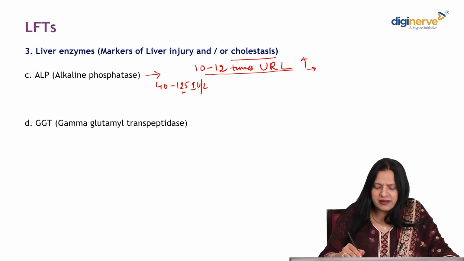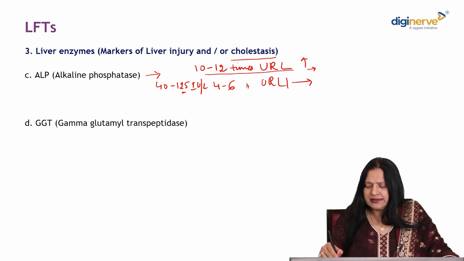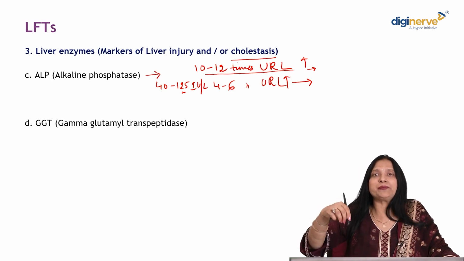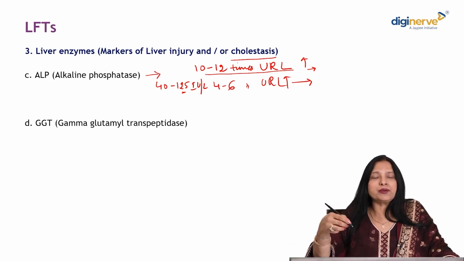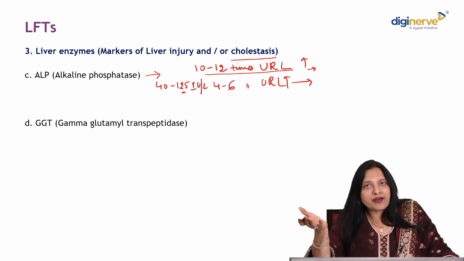And when the levels are about 4 to 6 times the upper reference limit, that indicates intrahepatic cholestasis. Intrahepatic cholestasis can occur in cases of viral hepatitis.